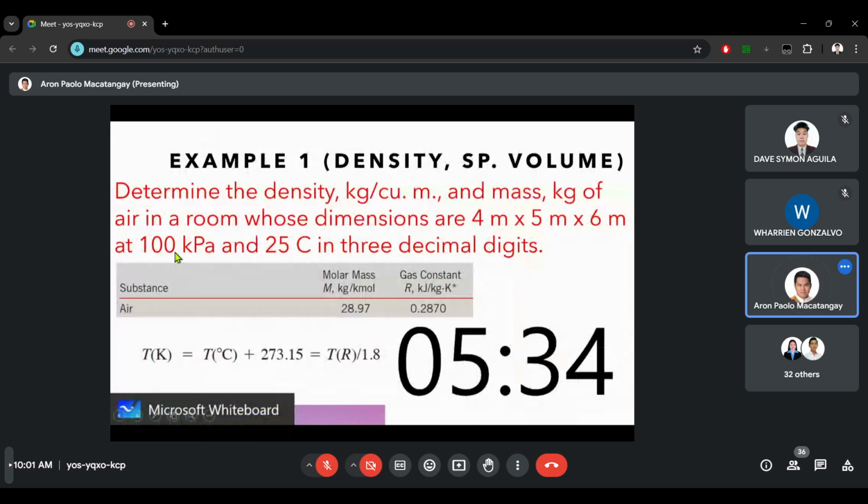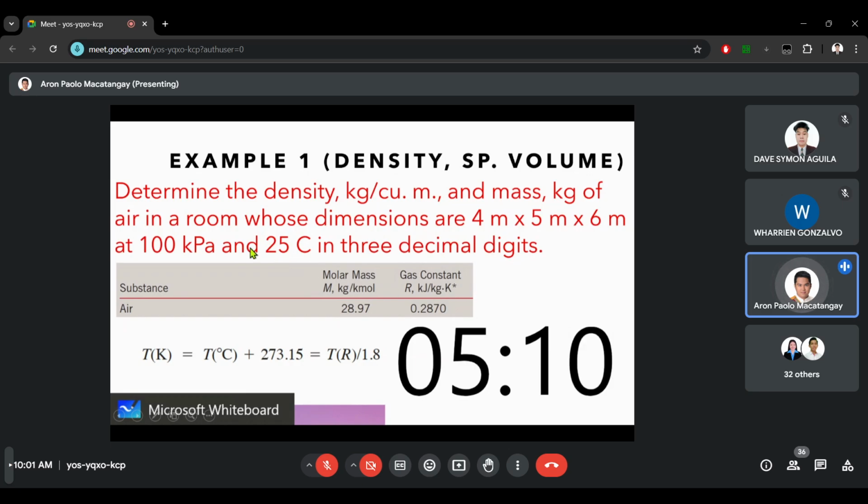And then, since this is our first example, I gave you the gas constant R for air, which is 0.287 kilojoules per kilogram Kelvin, as well as the conversion to Kelvin, because your R is in Kelvin, right?